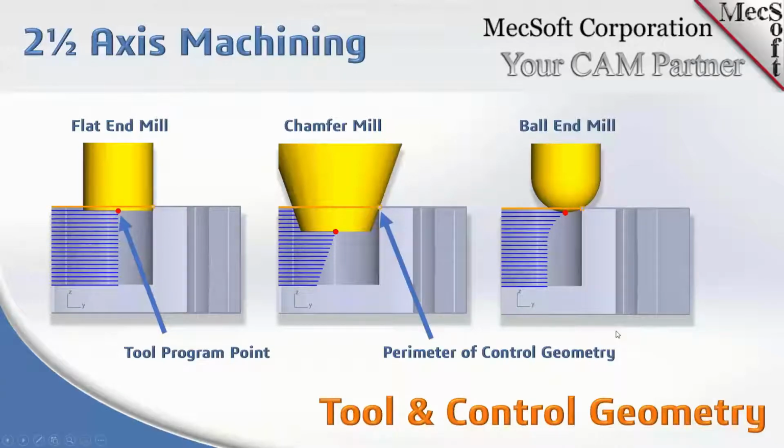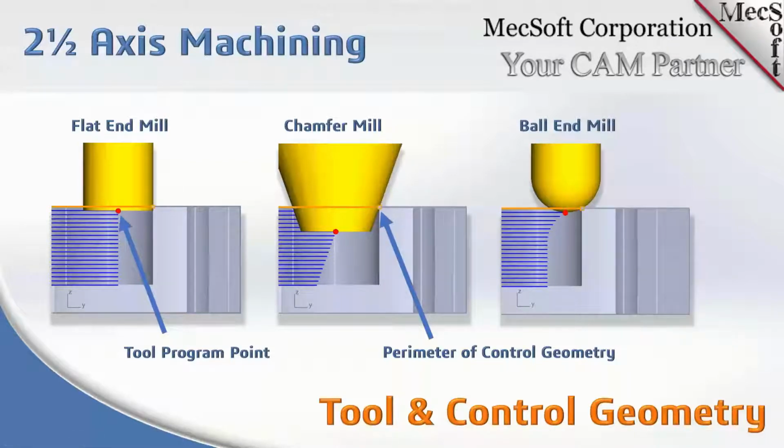Now let's look at the one on the right. It's important that you understand how a ball mill is going to act in 2 axis. The tip of the tool will stop on the perimeter of your control geometry. As you can see, we stopped the tool at the very first cut level, and you'll see that the arc radius of the tool touches the control geometry.